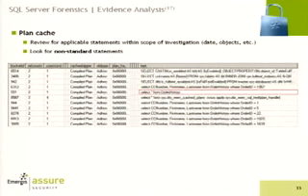When an attacker gets access to a database he's not familiar with, he's going to need to do some reconnaissance to figure out the structure and what type of data is stored within that database. There's going to be a lot of select star from this table, select star from that table, and that's going to light up the plan cache for you. By dumping the plan cache, you can track these actual statements that were executed, again the inserts, updates, and deletes, and map that to a SPID, and from there to an actual database user.